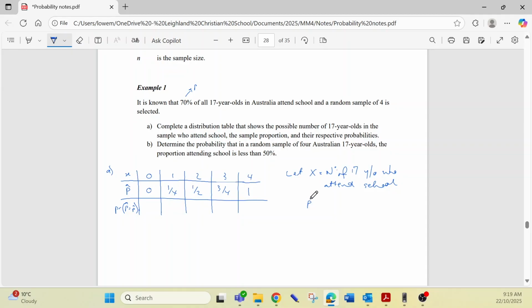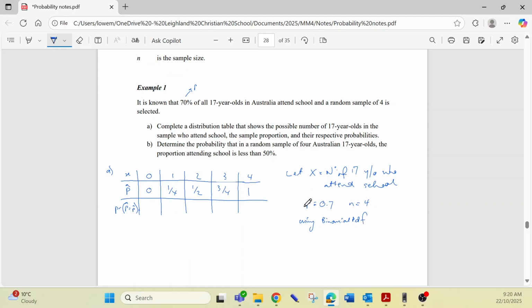We know that the probability of success will match the actual population proportion, which is 70% or 0.7. The sample size is 4, so we can use binomial PDF on our calculator to actually find the values.